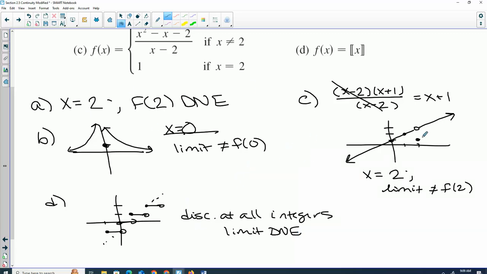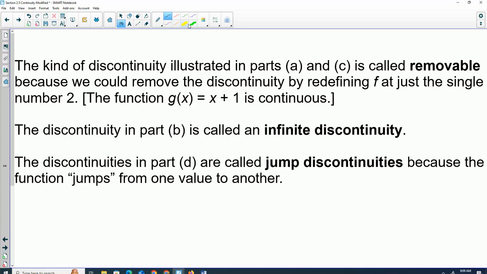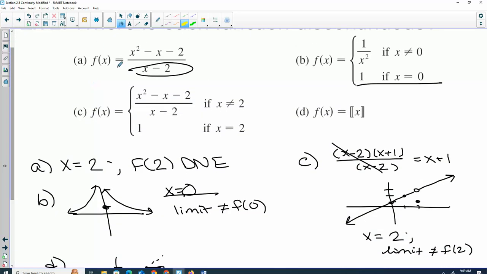So we had several different types of discontinuities here. There are 3 actual types. We can categorize them. There's removable, infinite, and jump. Okay, A and C are what we call removable discontinuities. Part A, we didn't graph it then, but it was just this line with the open circle in it.